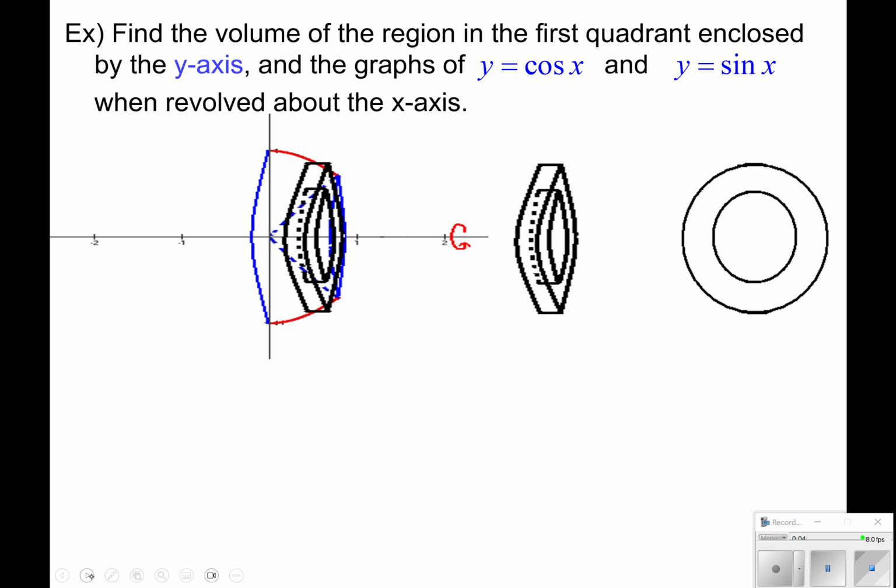Now in this case, since we have two functions, it will also create a washer, or a donut. As with a washer or donut, we talked about this in the other video, you need to find the area that's in between these.